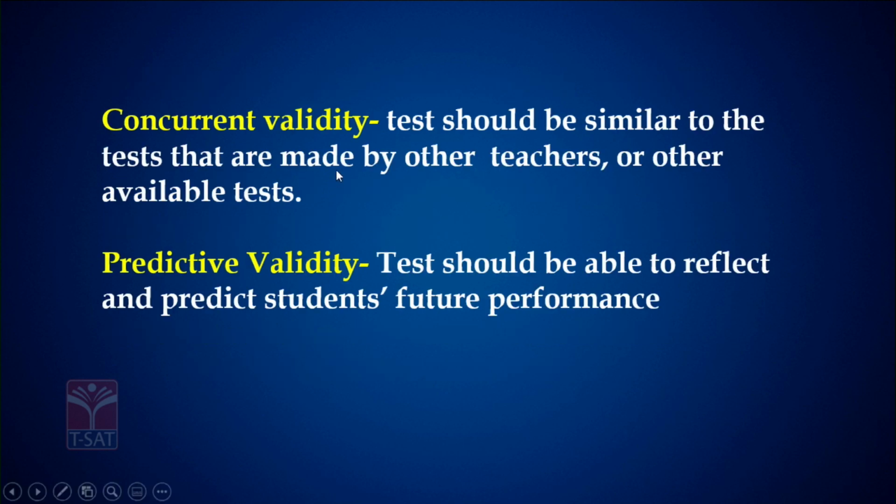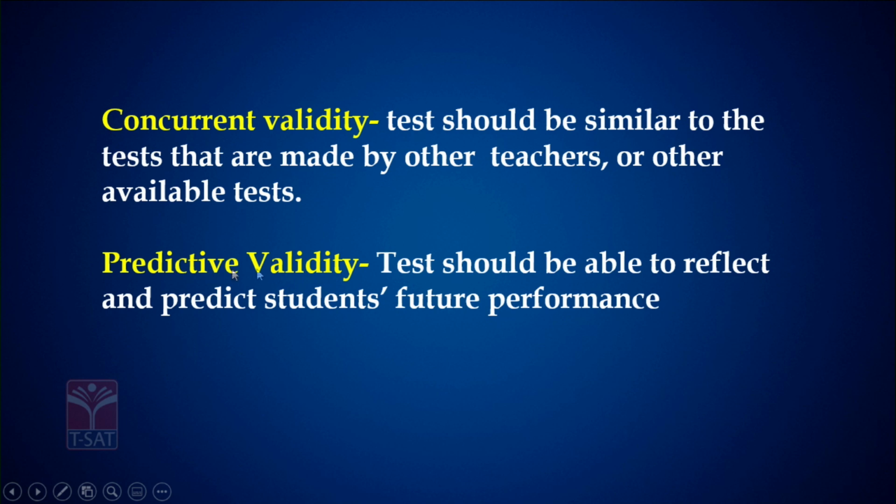And concurrent validity refers to the test being similar to the tests that are made by other teachers or that are administered previously or other available tests. So, this is concurrent validity. We cannot come out with a totally new format or totally new concepts in a test, and the test should be similar to the tests that have been administered before.